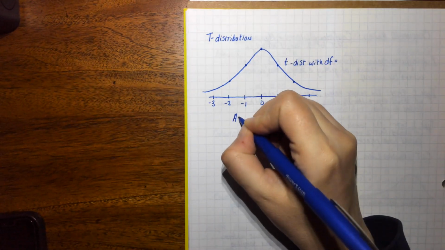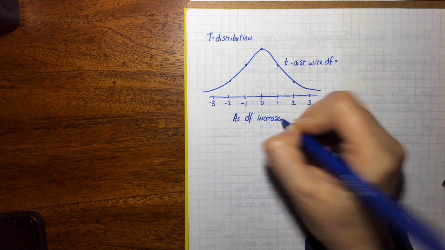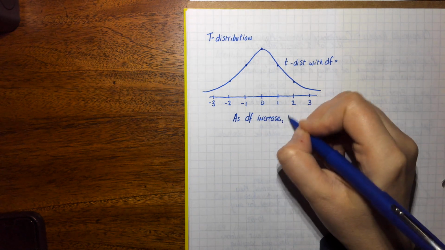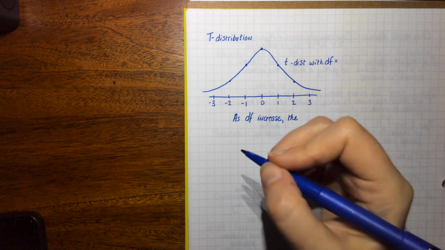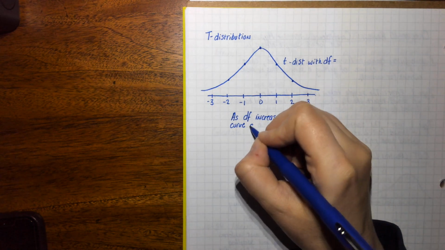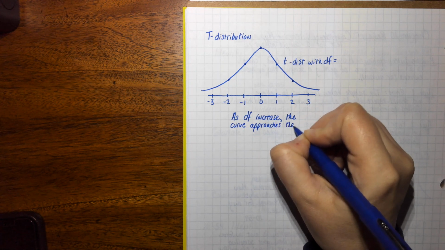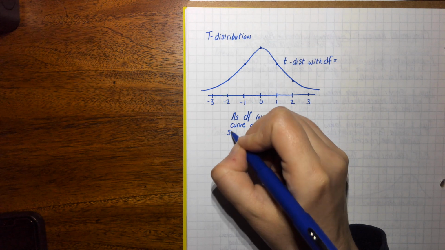As degrees of freedom increase, the curve approaches the standard normal distribution.